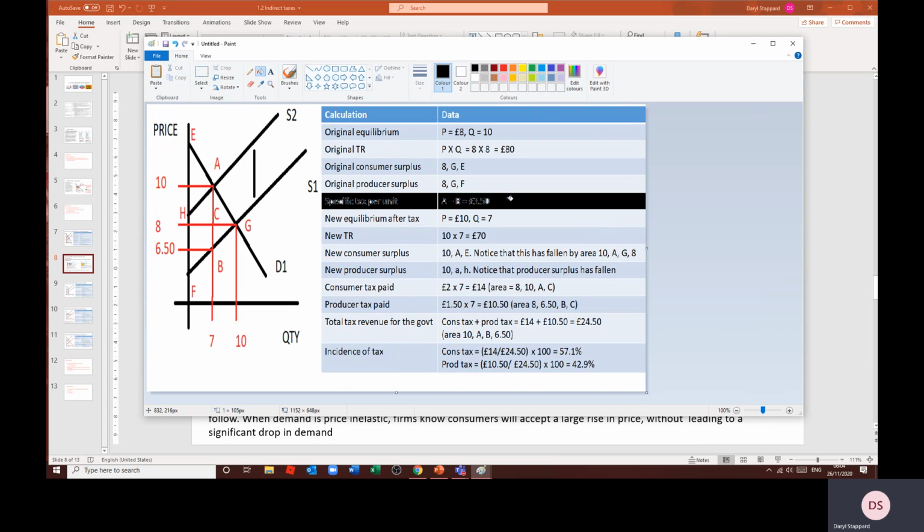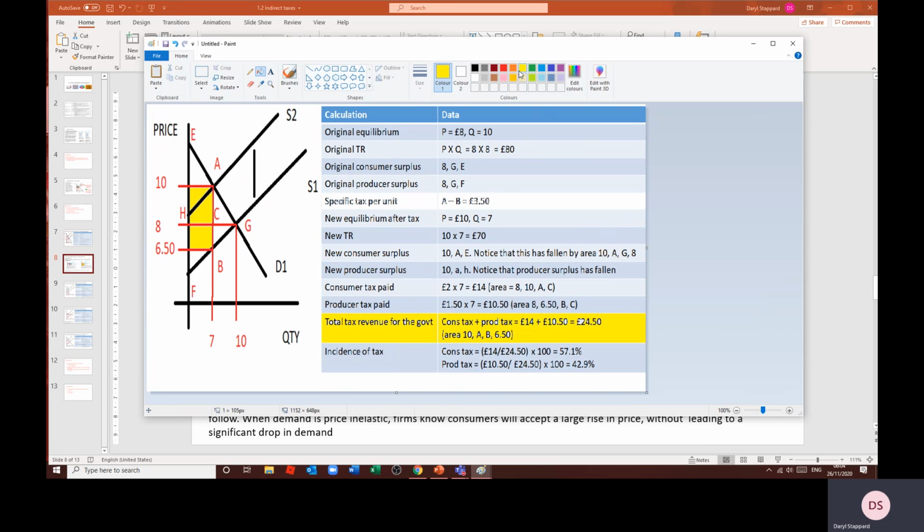So here, what I've got, let me do that in a different colour. We've got a tax per unit of £3.50. That is the vertical distance between the supply curves. What we know is this would therefore generate this area of tax revenue for the government.